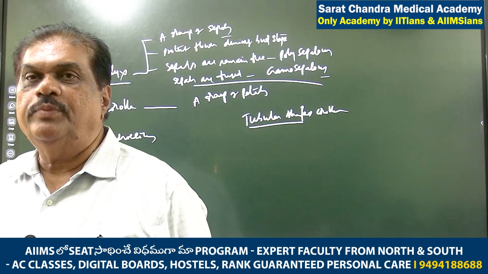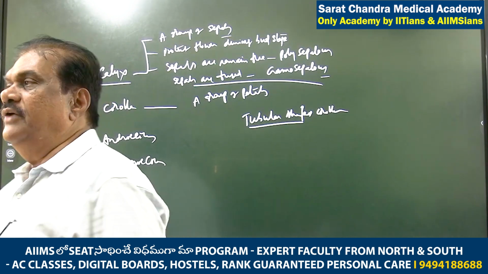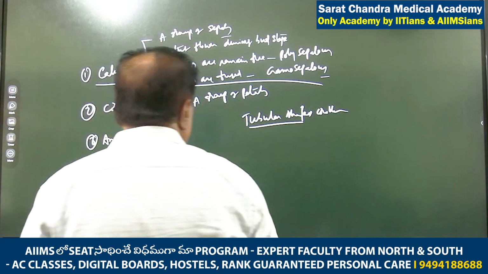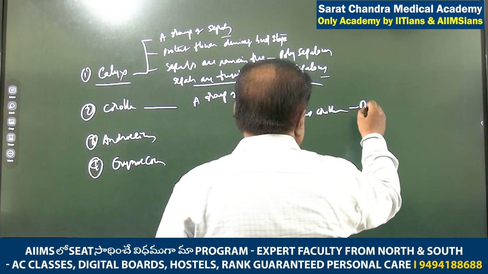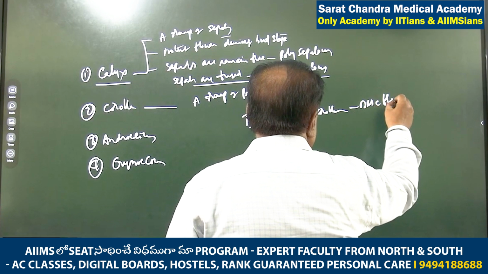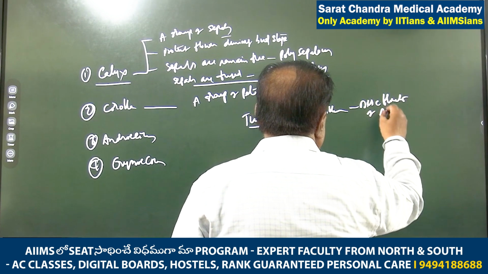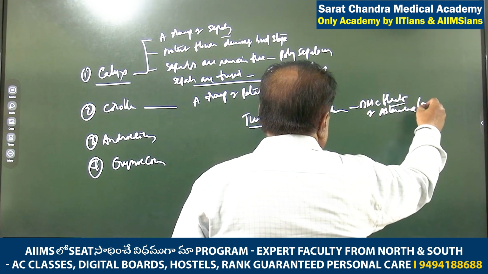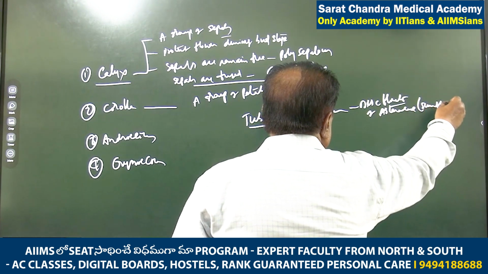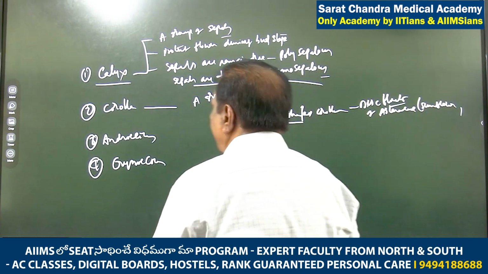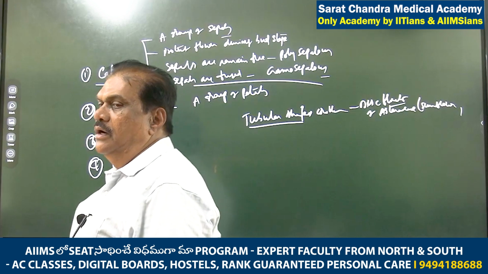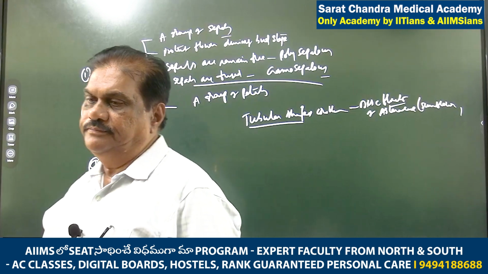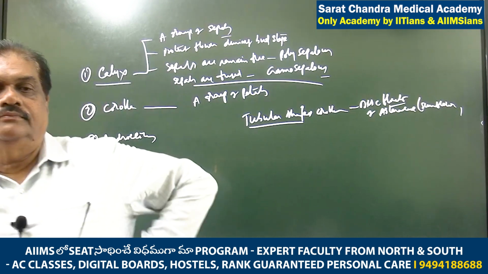Tubular shaped corolla is present in disc florets of Asteraceae, that is sunflower.